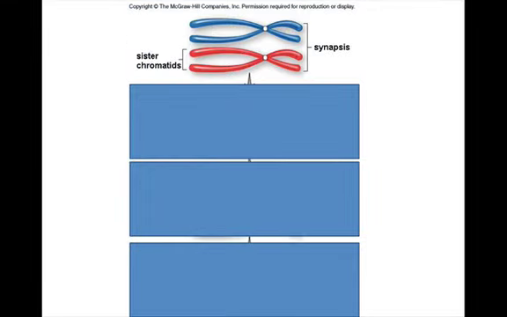Okay, so let's break down the process of crossing over. First, we're going to start with our chromosomes. Right here, notice we have a label, sister chromatids. Sister chromatids are those chromosomes that are inside their corresponding color box. So the two red chromosomes are sister chromatids, and then the blue strands are sister chromatids.